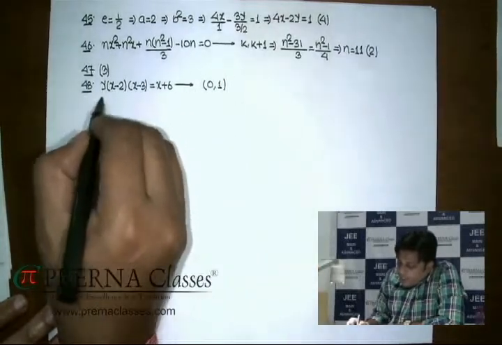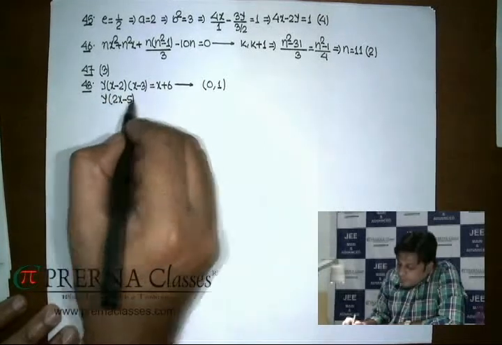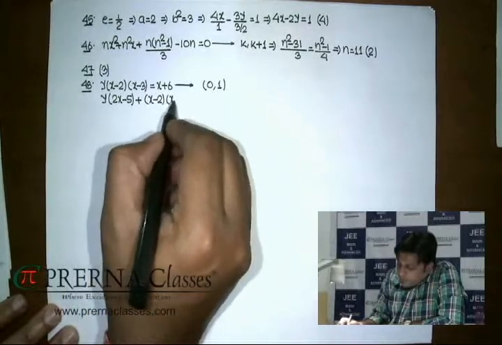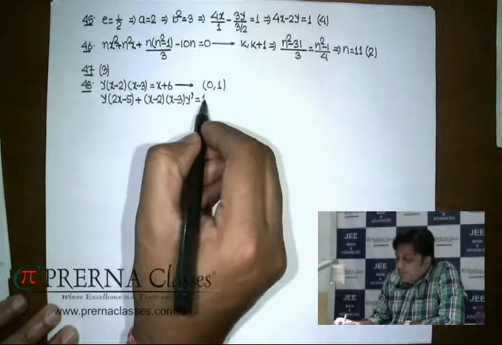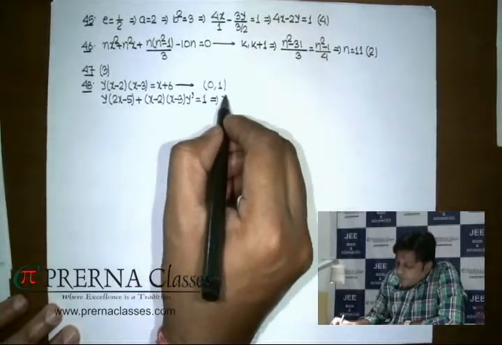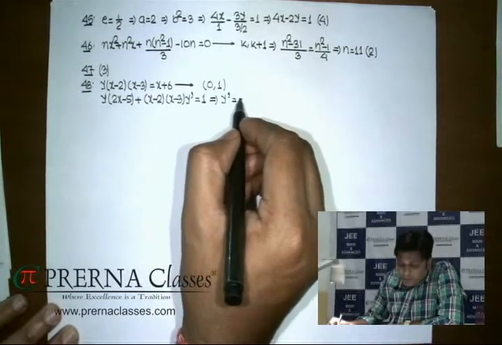Also, if you differentiate this and put x equals 0, that is going to give y dash's value as minus.